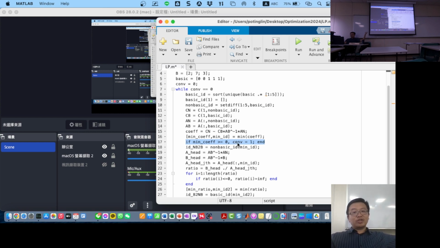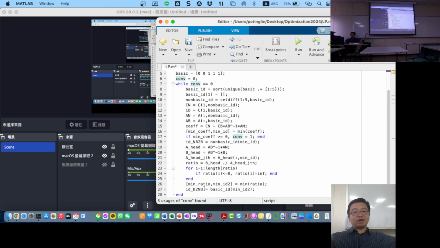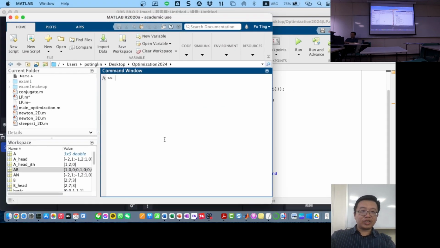Then we will change this value to 1. Then when this is complete and you go up to here, it will just stop. Or we can just say break. While 1, break.